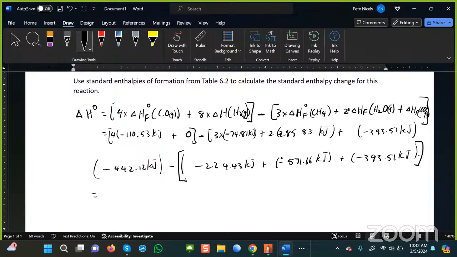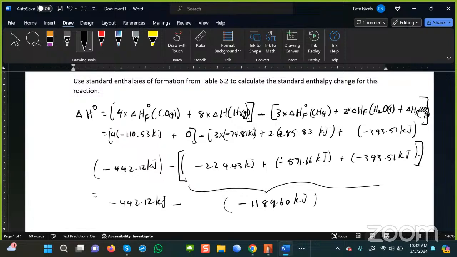So according to my calculation, all of this here works out to minus 1189.60 kilojoules, and I still have minus 442.12 kilojoules minus this. So that means it's plus, let me put plus there, and then minus 442.12. And according to my calculation, this works out to be equal to minus 747.48 kilojoules. And that's how that is done.